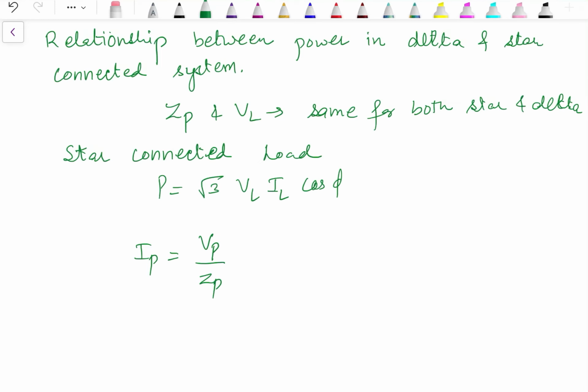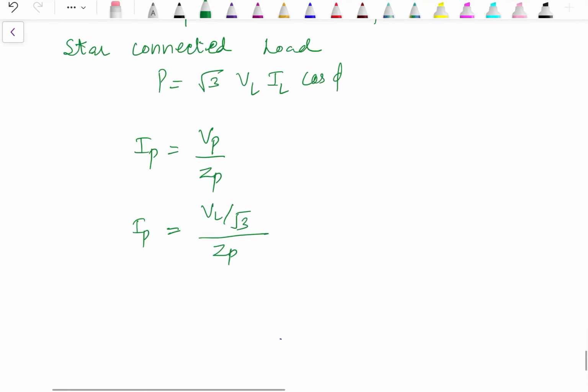And in case of star connection, Vp is VL by root 3, so Ip is VL by root 3 Zp. When we use this value of Ip for finding the current IL, IL is equal to Ip, which is VL by root 3 Zp. Now let's use this value of IL in the expression of power.